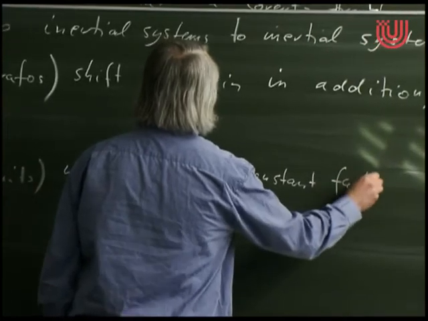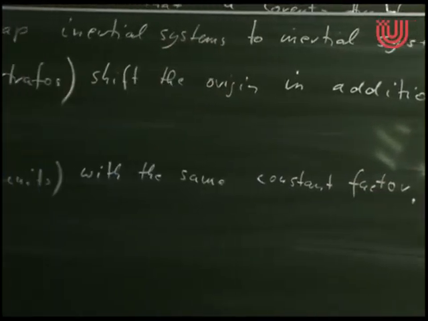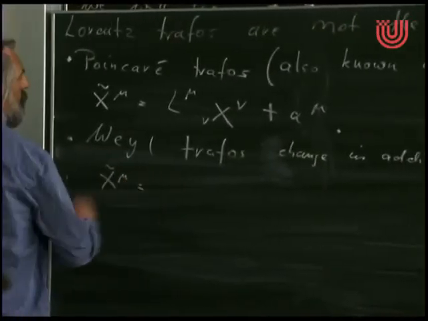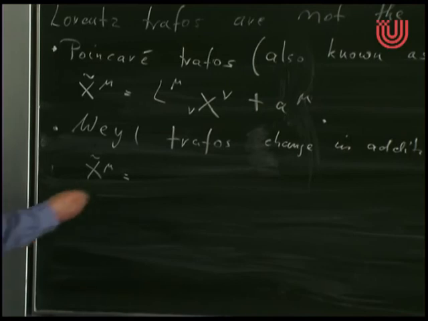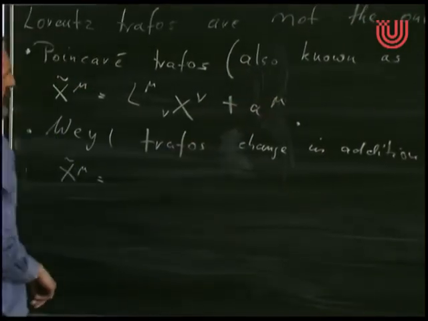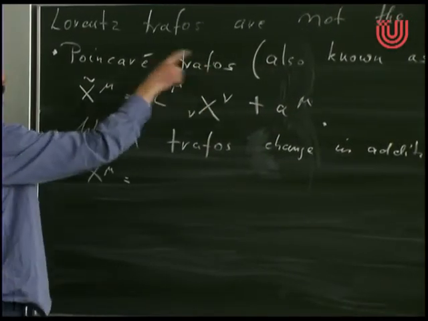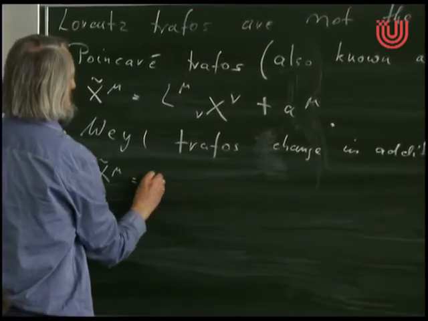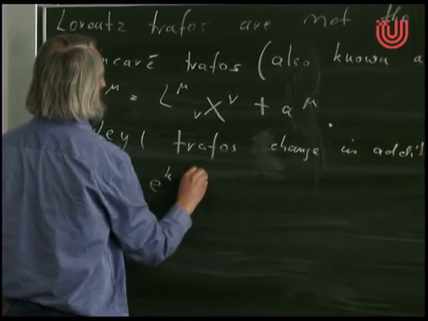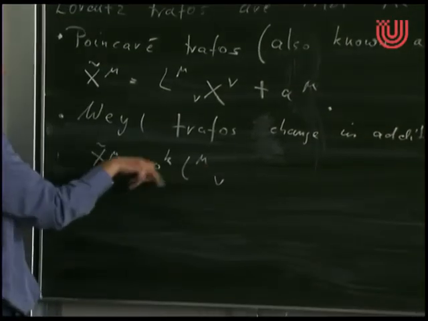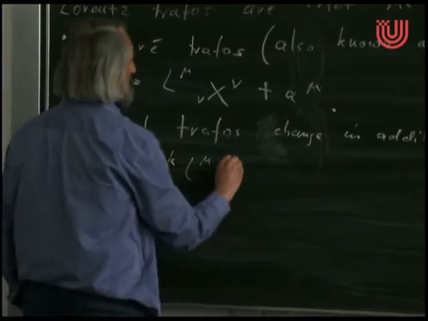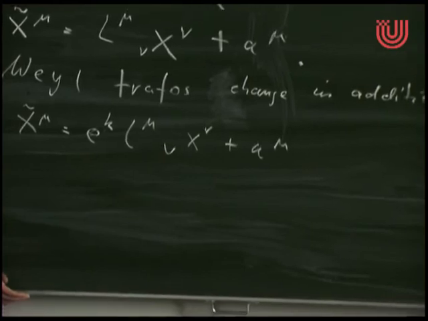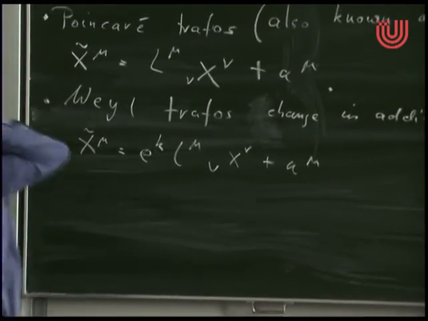So how does such a Weyl transformation look like? The shifting of the origin has nothing to do with the units. The change of the units refers to this factor here. So here I could do something like an e to the k, so I multiply with a positive number, with a constant k. And then I shift. So that's what we call the Weyl group, the Weyl transformations.